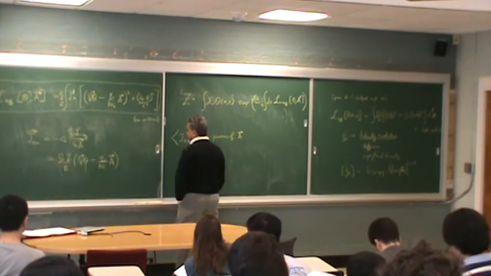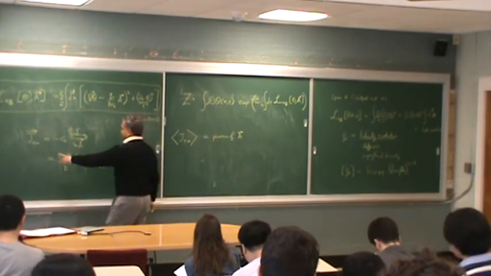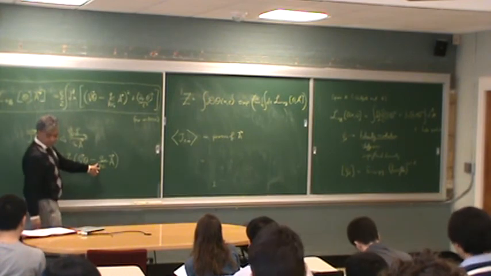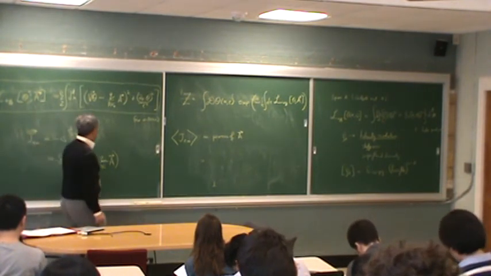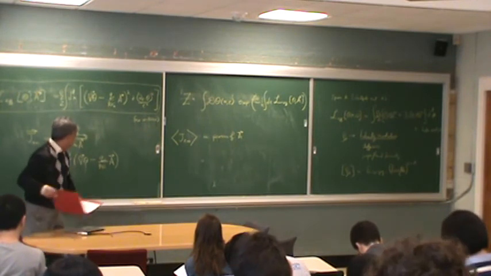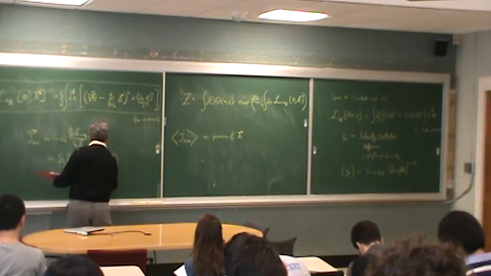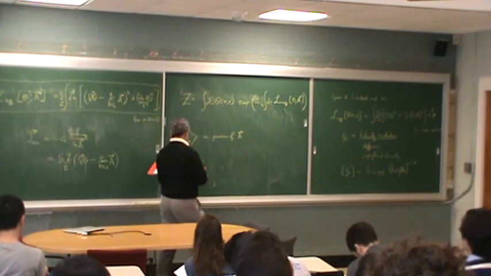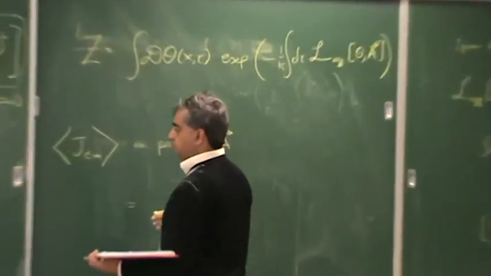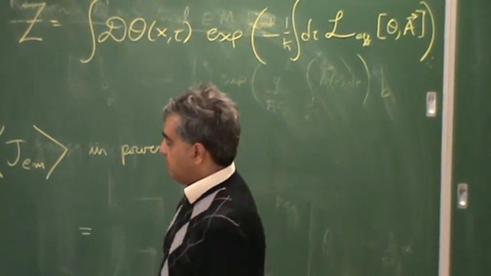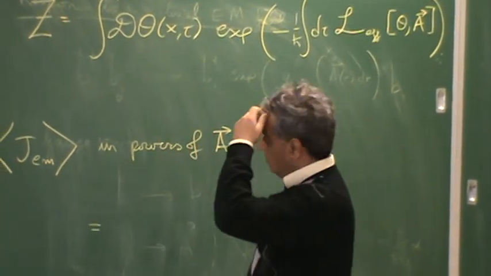So what is the answer? Well, this is J electromagnetic. There's one term which is right here. Let me get all the signs right. Yeah, so that's minus. This is c here, that's right. Okay, so this involves now doing some Gaussian integral.